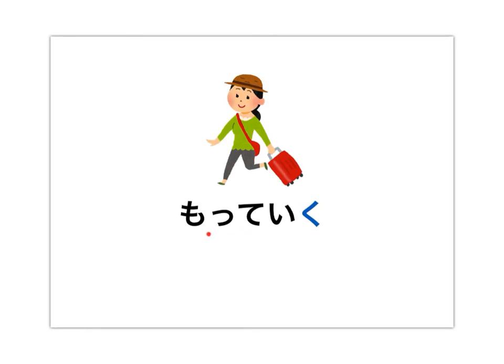持って is the te form of 持つ, to hold or to have, and then 行く, of course, to go. So in Japanese, to bring something, we say hold and go. So the part we're going to conjugate is the end here, 行く. Okay, so 持っていく, to bring something.